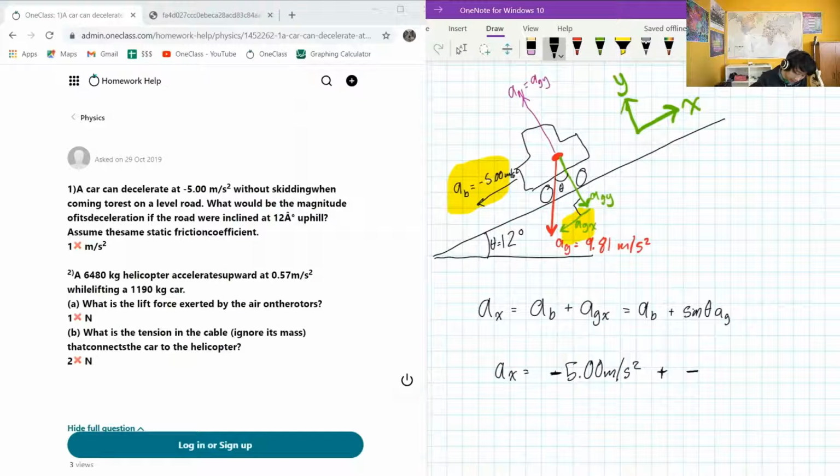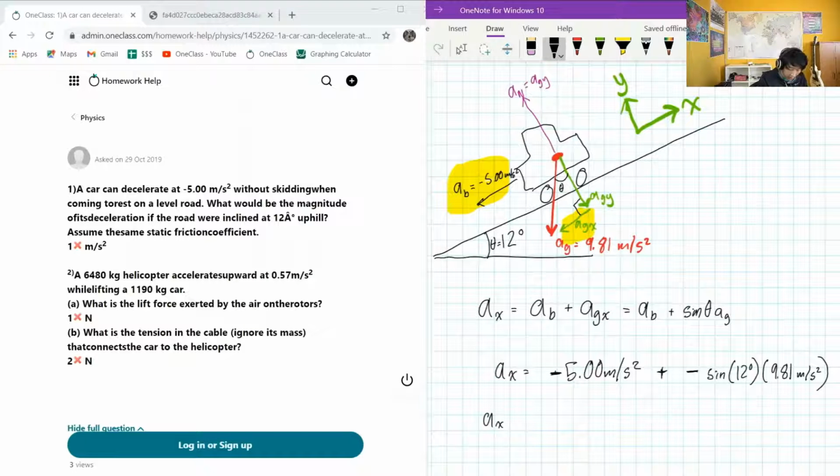This is going to be sine 12 degrees multiplied by 9.81 meters per second squared. Okay, so running this through our calculator, we should find the result.